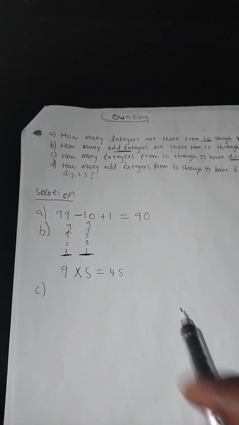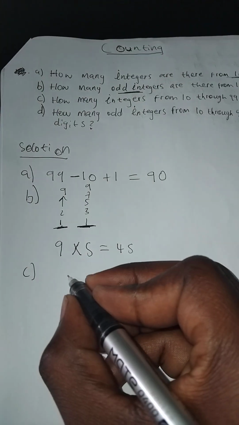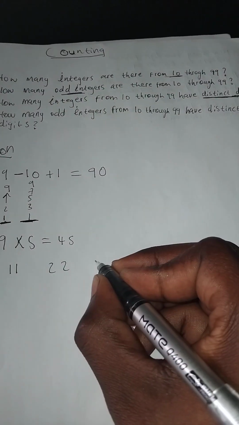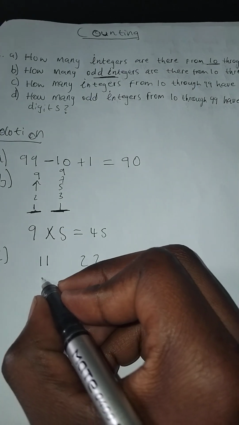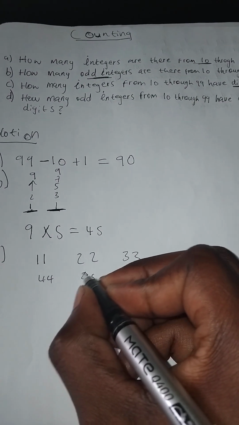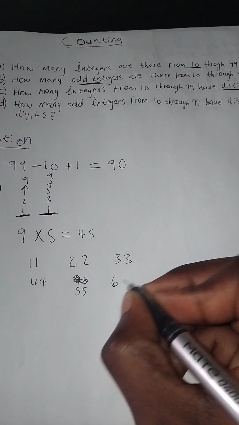If you are having a pair of 2 digits, then it's 11, 22, 33, 44, 55, 66, 77, 88, 99.